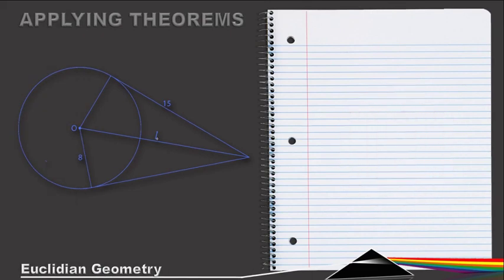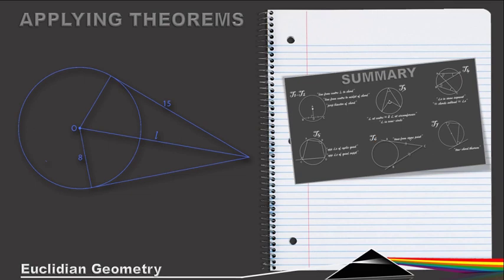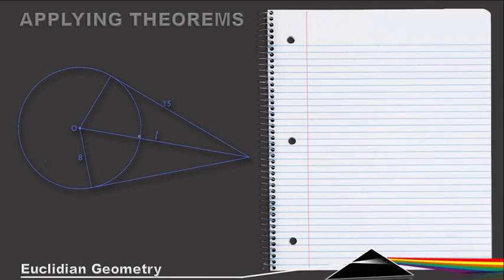Okay, and then we need to find L. So once again, if we look at this, we can see this theorem 6 over here. And to find L, we know that since these two are tangents from the same point outside of the circle, this is equal to this, and therefore this is also 15.